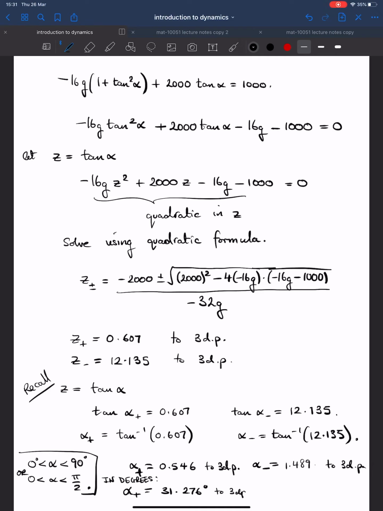And alpha minus, if you do alpha minus you'll get 85, which is quite high, but it corresponds to probably a very steep trajectory which reaches a high height and then is coming over the wall on its way down. So this is 85.289 degrees to 3 decimal places.